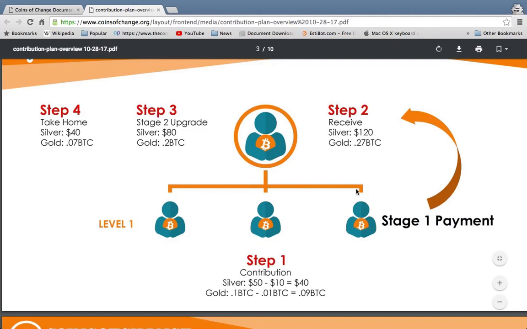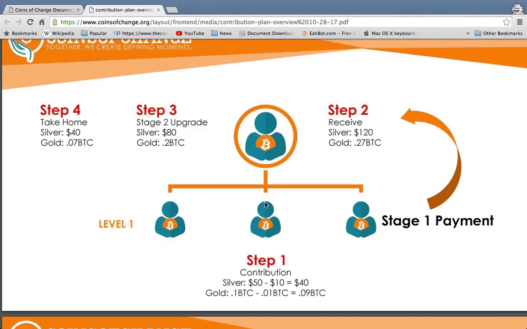So these 3 contributors are on your level 1. They're going to make their stage 1 contribution to you because you invited them to the platform. They're supporting your cause, and those stage 1 contributions are going to go directly to you.